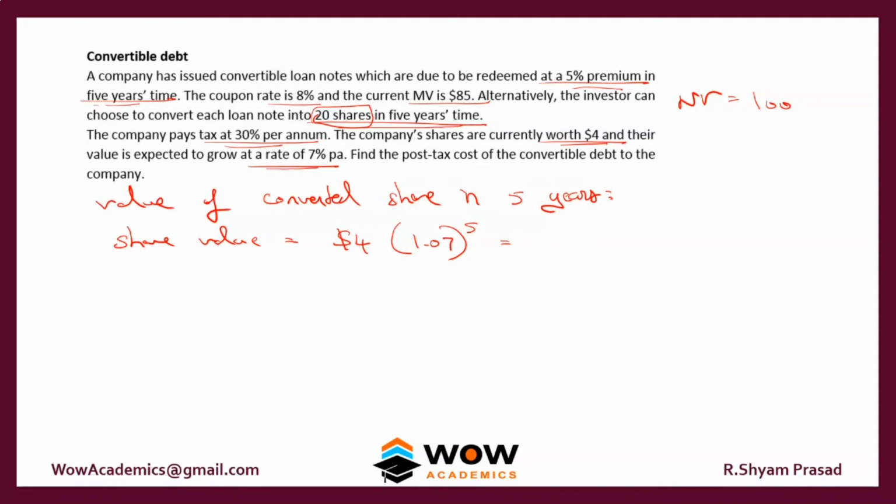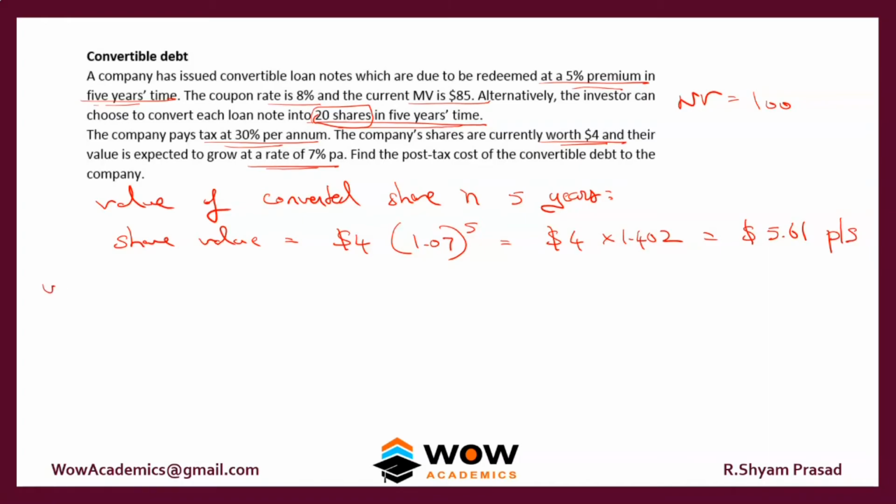So first we have to get 1.07. So this comes to $4 into 1.402. So the share value in 5 years will be 5.61. Okay, but this is for per share.